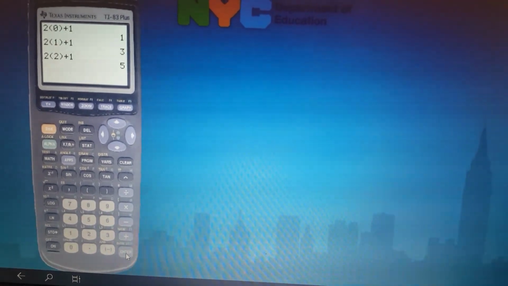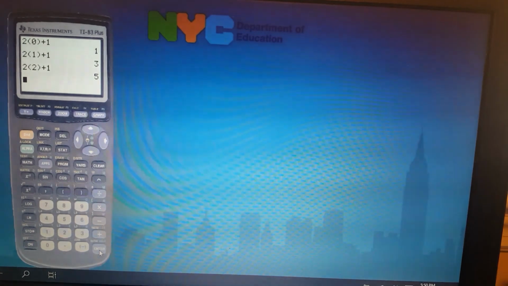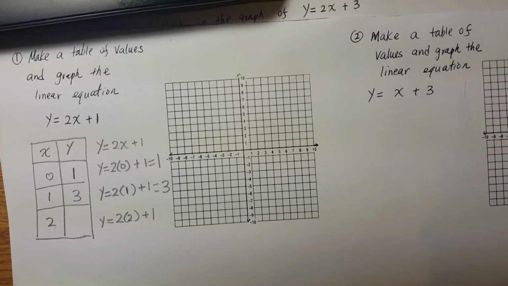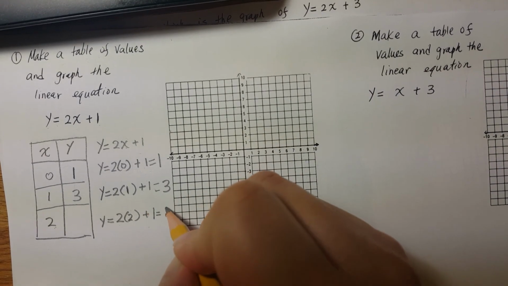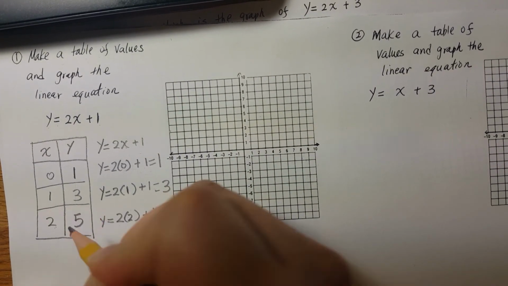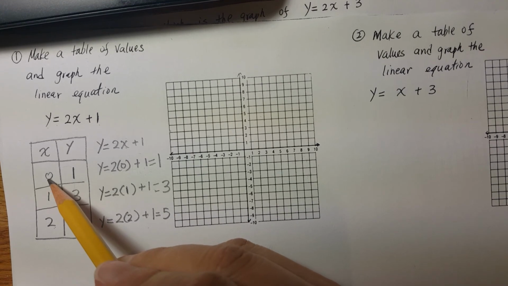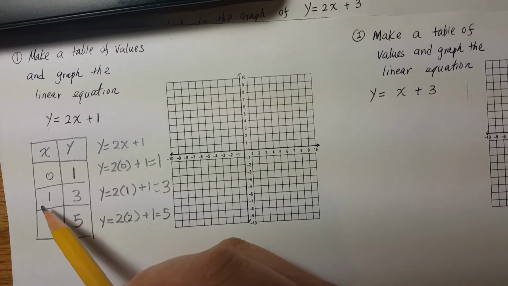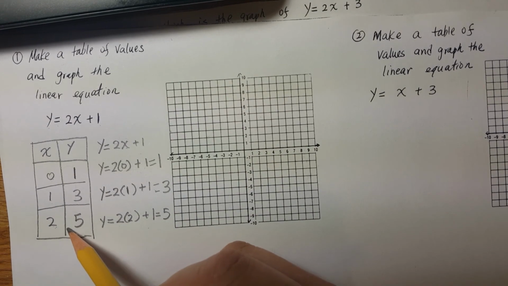So I get 5. That means I had to go back to my table and write down 5. Now I have 5, and I'm going to write 5 over here. So you are going to plug in the points 0, 1; 1, 3; and 2, 5.